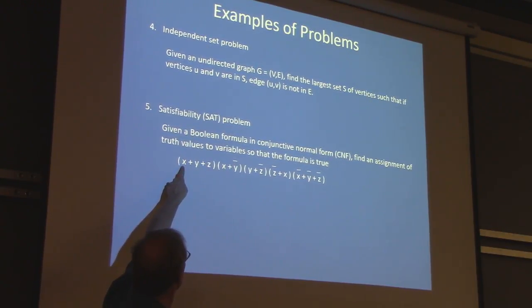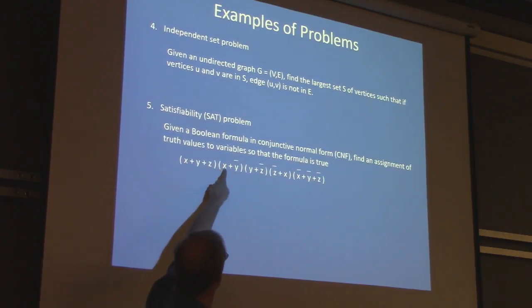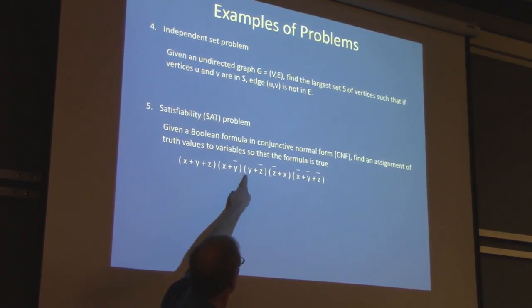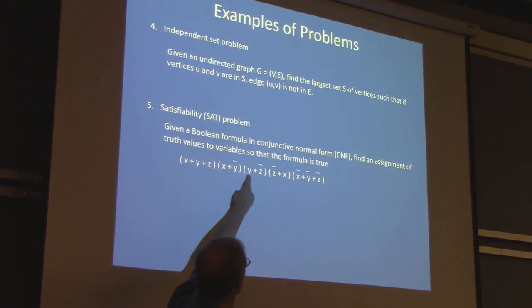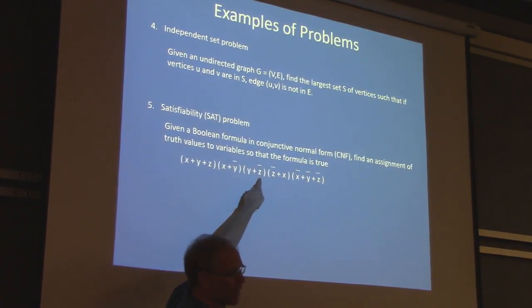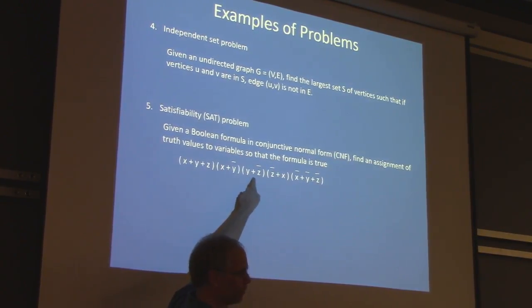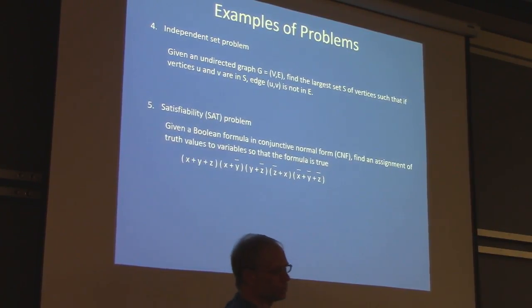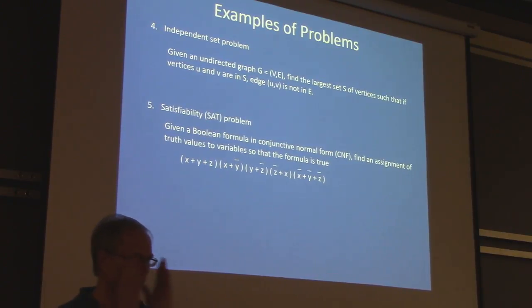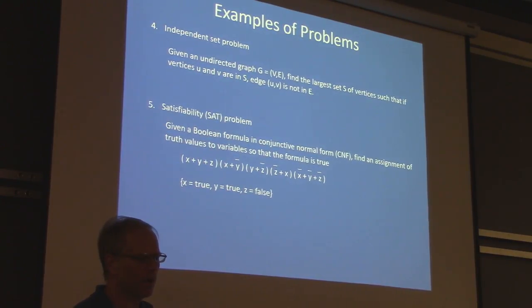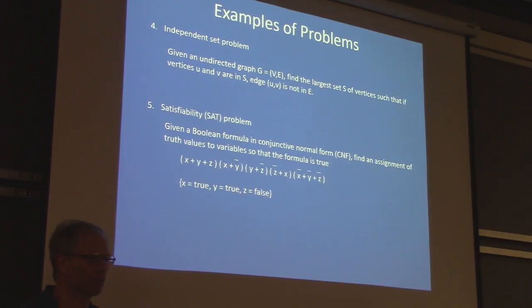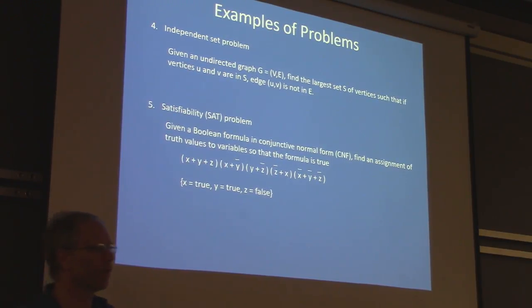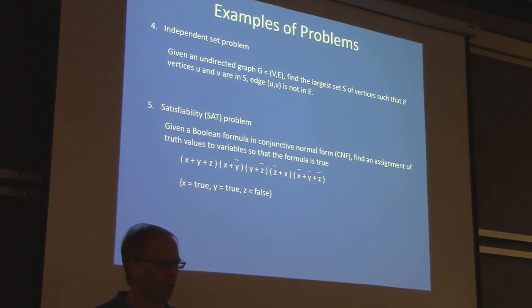X equals true makes this one true, and it makes that one true. And y equals false and z equals false. So you're making z false, that makes that true, this whole thing true. This one is true, and you made y false, so it makes that one true. So actually, there are lots of solutions to that. There's mine. Y doesn't really matter. What's important is x is true and z is false. Is that a search problem? Namely, can it be verified efficiently?